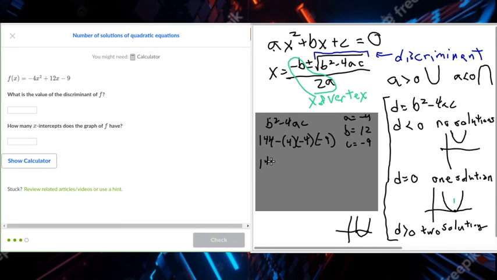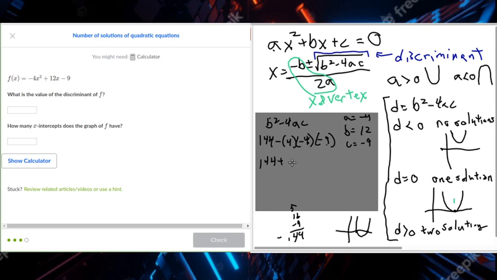So we've got 144 minus, let's wait and see what this is. Negative 4 times negative 4 is 16, and times negative 9, 16 times negative 9 is negative 144.